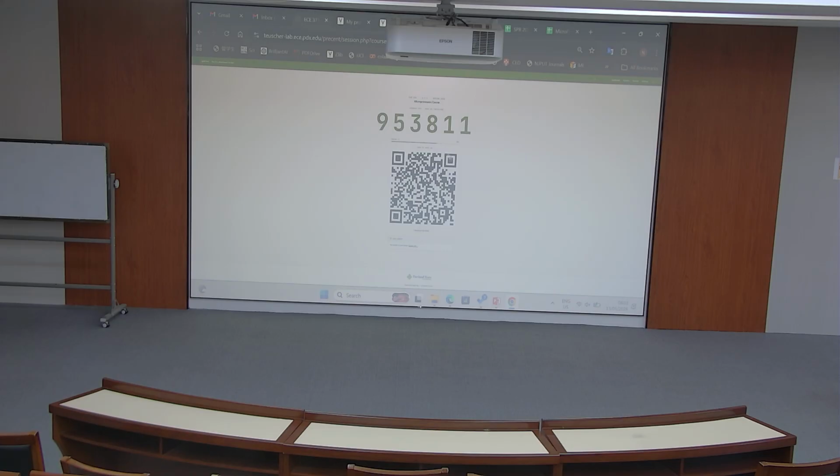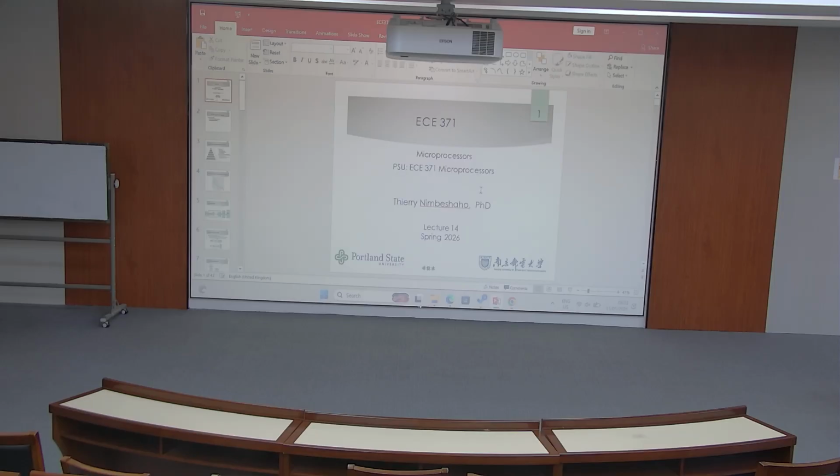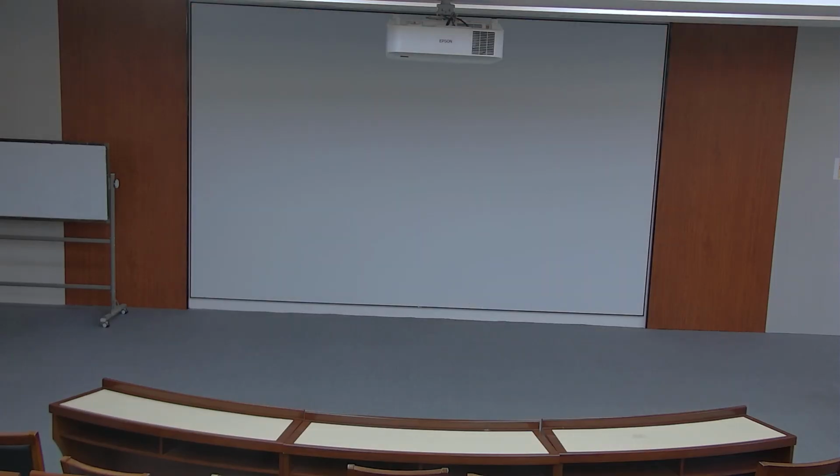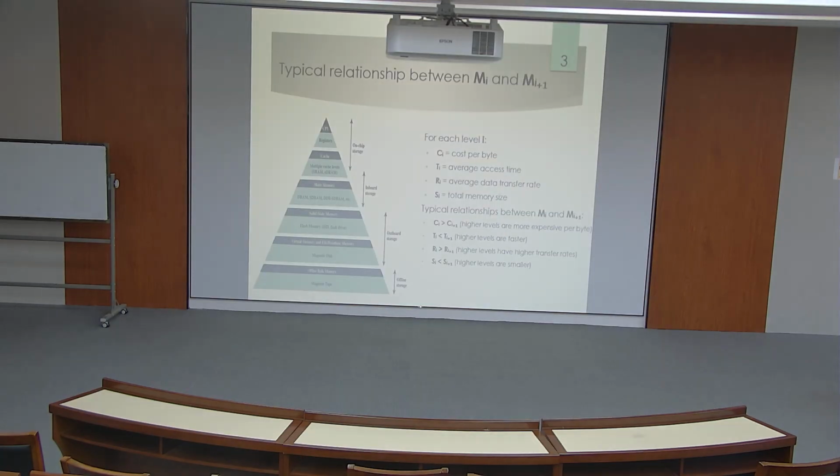All right, so we're going to start today's class. As I said, we continue with the memory system, but this time we're going to learn about cache memory. And here we have to review the typical relationship between a memory at level I and the memory at the next level in the memory hierarchy.